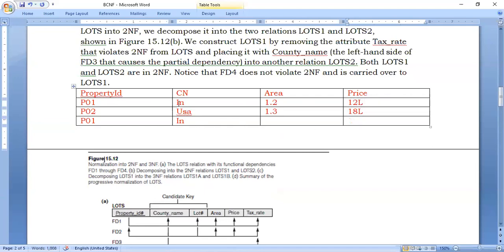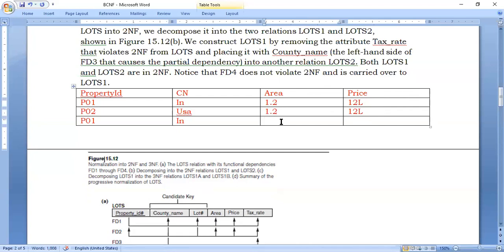Anyways, we will take 1.2 only. So even if it is in USA, as per our assumption, the price is fixed for the area, whatever country it may be in. The tax rate differs, but the price is dependent on the area.